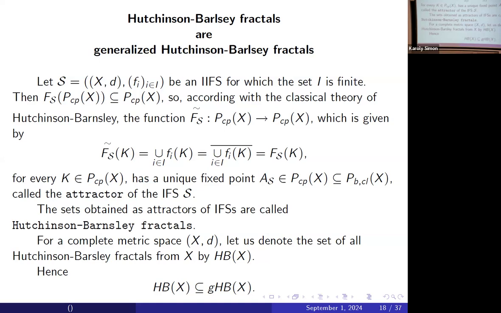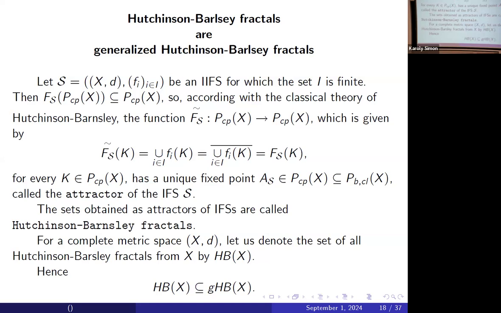And we know from the classical theory of Hutchinson and Barnsley that Fs tilde has a unique fixed point, A_S, which is a compact subset of X. So it is also bounded and closed. So this will also be the fixed point of Fs.